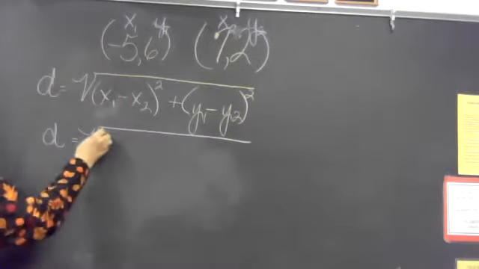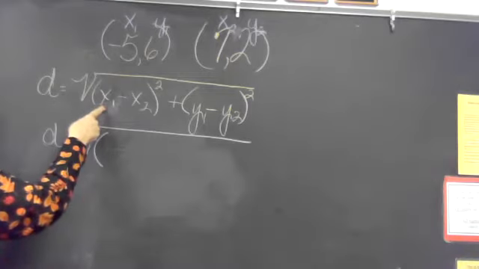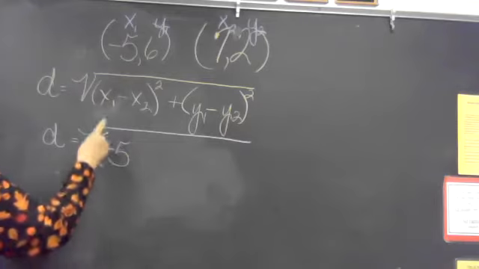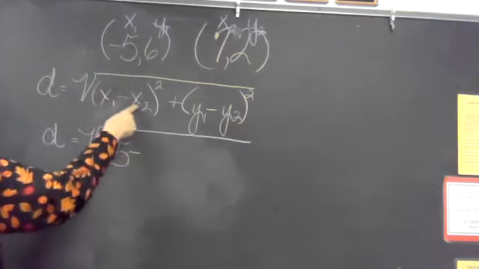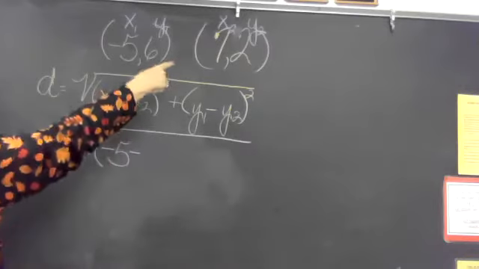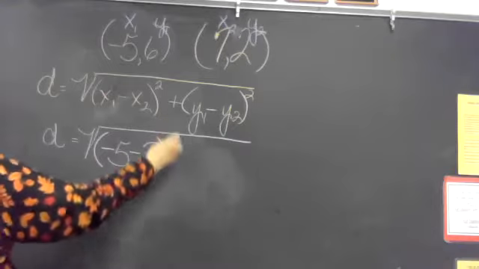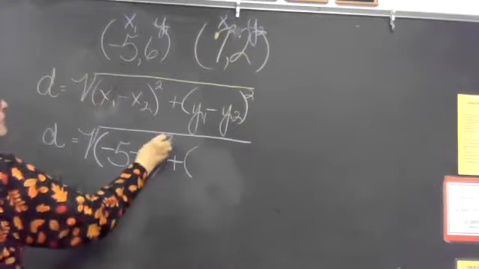We write a parenthesis, and find the value of x1, which is -5, then the minus because it's part of the formula, then x2, which is 7, then a plus, another parenthesis, squared.